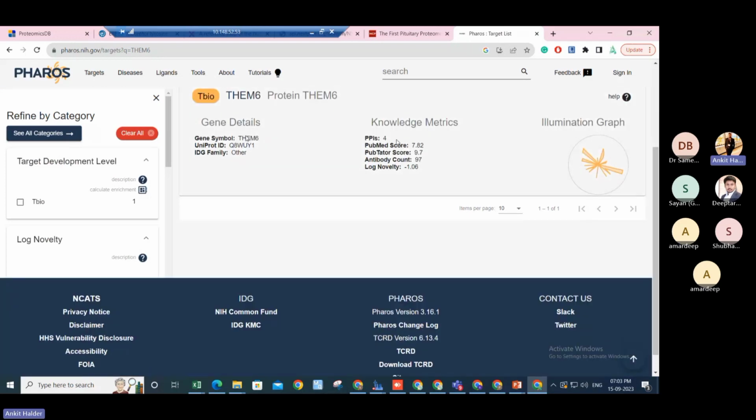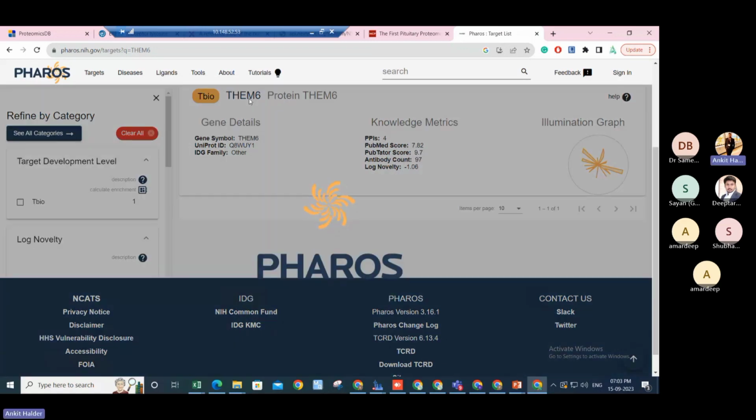PubMed score, antibody count, PPIs. Now it has gone to TBio.